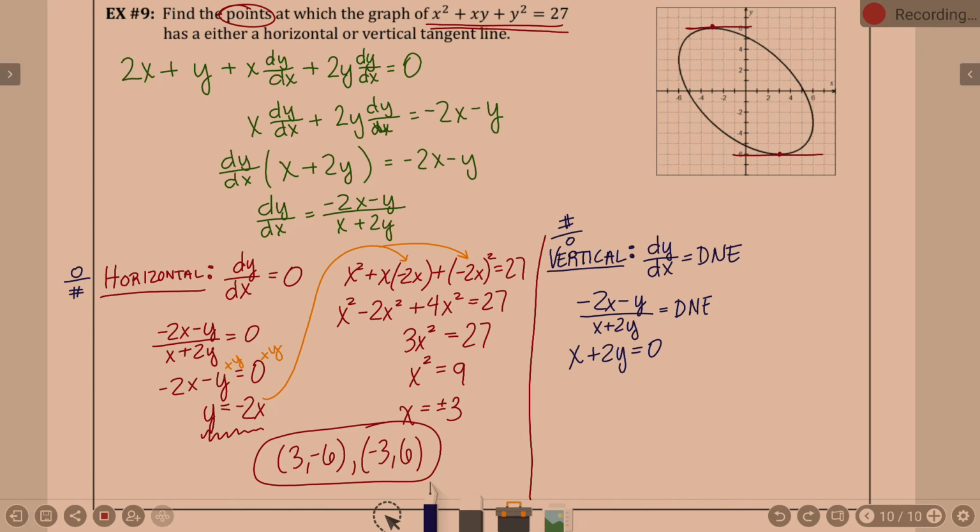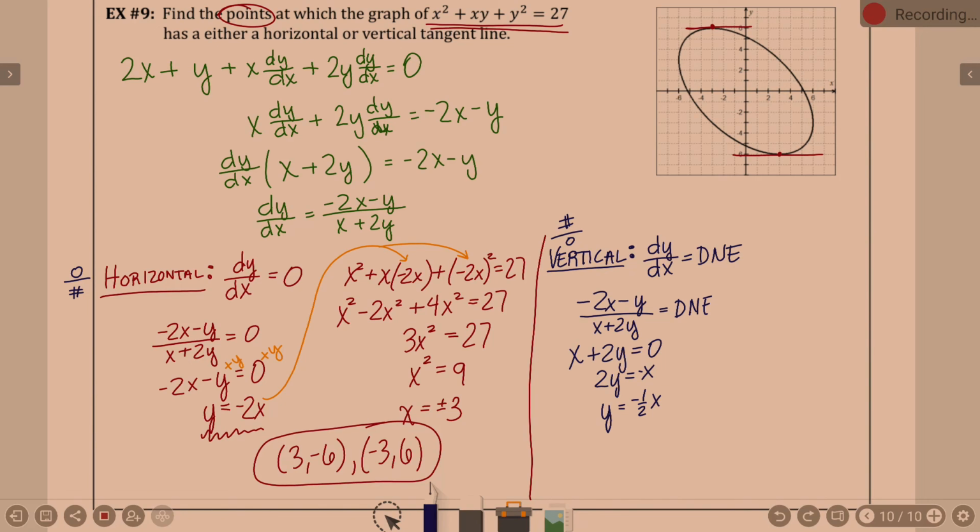I'm trying to think. Could we do it the other way? Might be able to. I did mine as negative x over 2. 2y equals negative x, and so y is negative x over 2, negative 1/2 x is what I wrote.